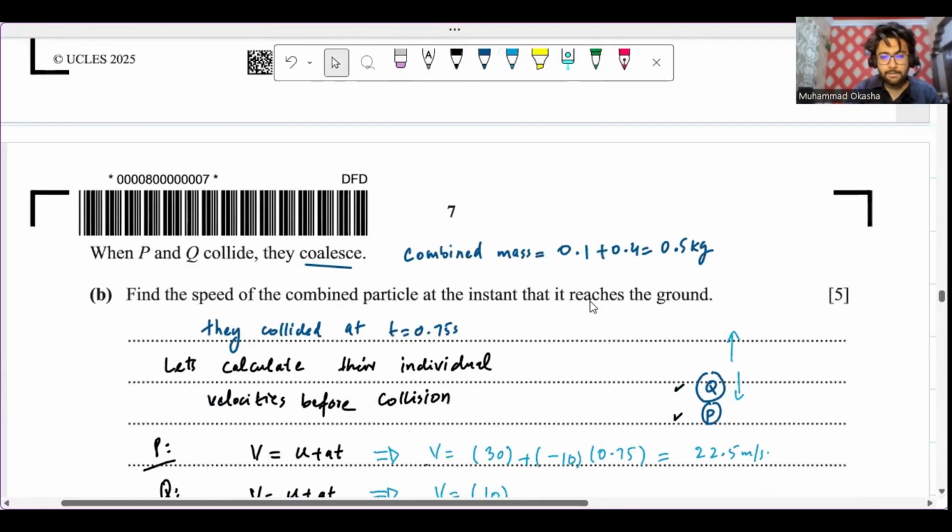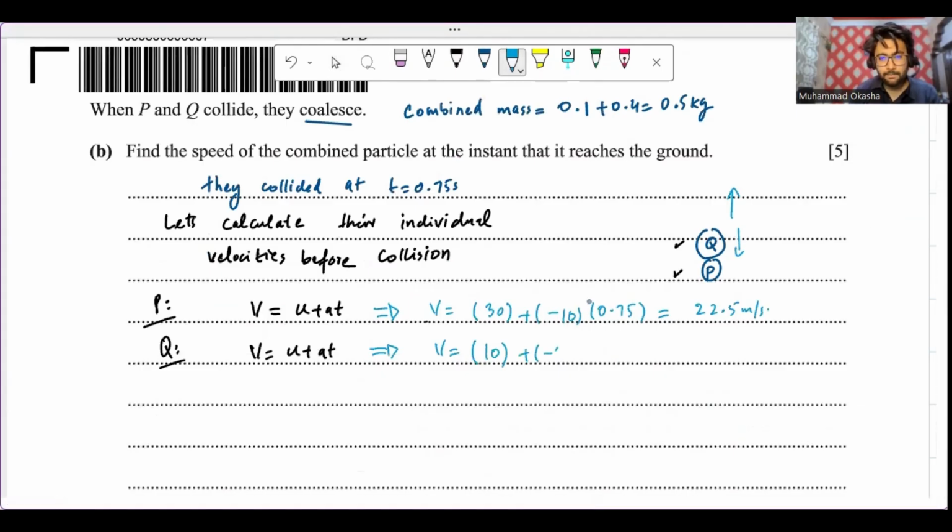So 10 plus negative 10, the gravitational acceleration acting downwards, times the time 0.75, and I'm going to get 2.5 meters per second. So these are their velocities before collision. Now let's apply the law of conservation of momentum to find the combined velocity after collision.